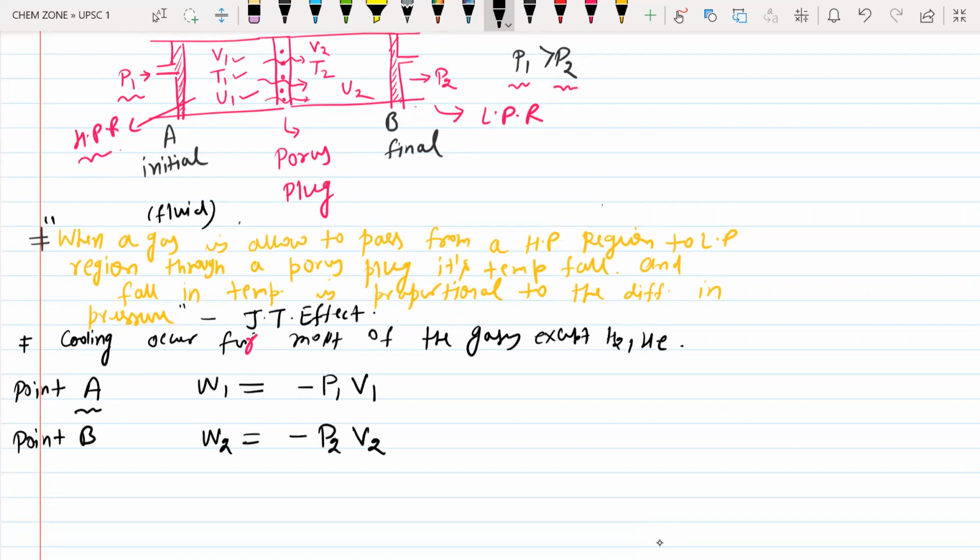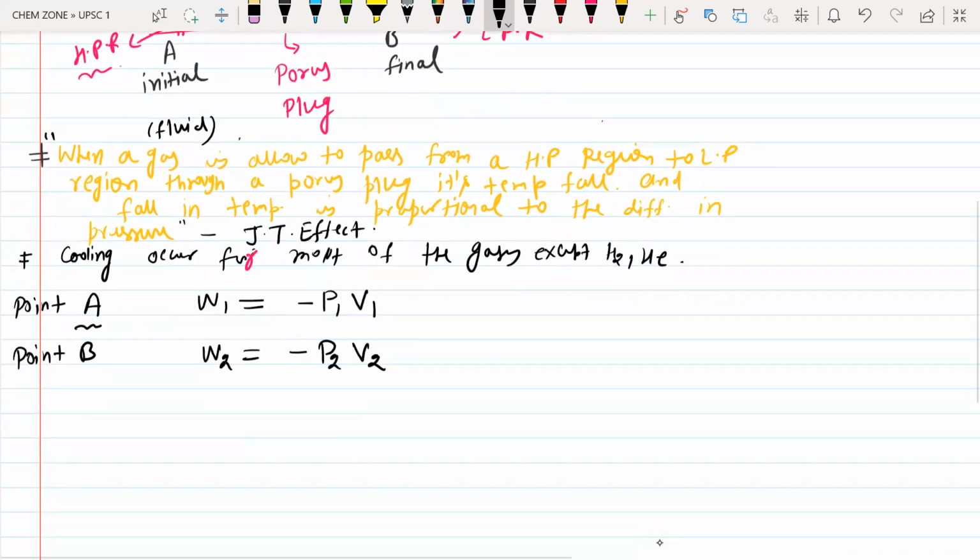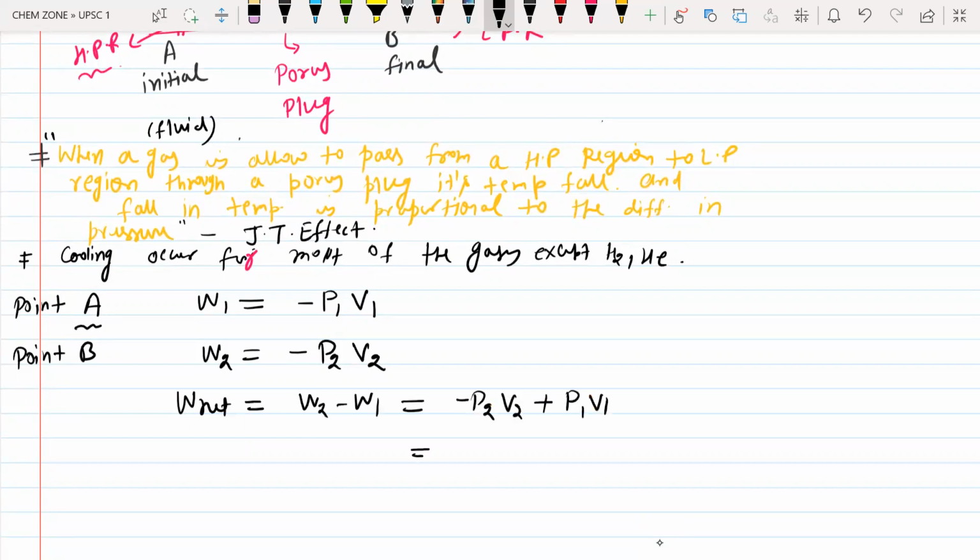So what is the net work done when the gas is allowed to move from the high pressure region to the low pressure region? Net work done will be W2 minus W1, final work minus initial work. So we can say minus P2 V2 minus minus plus P1 V1.